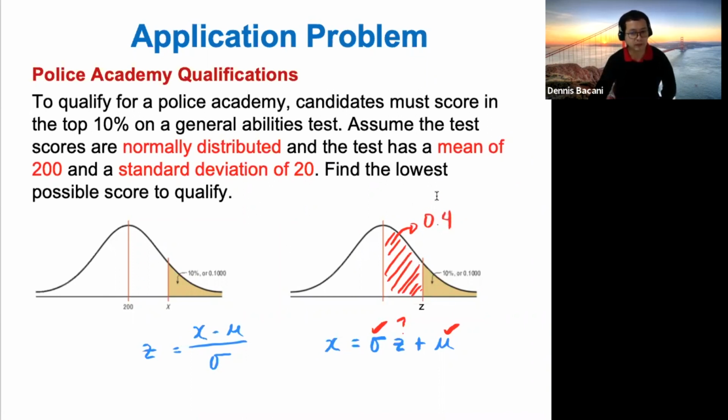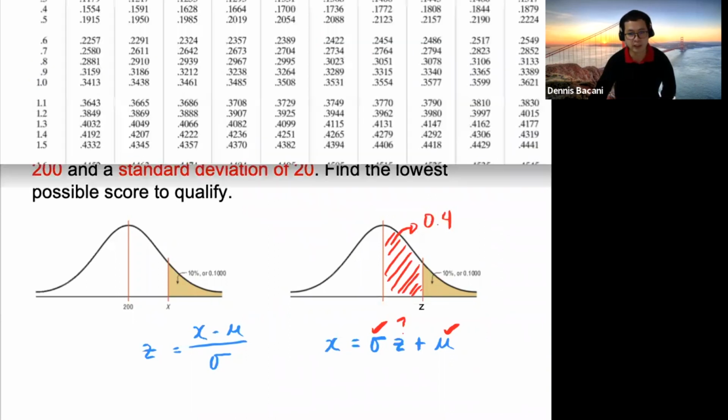So if we look at our table, we need to find the z value that will give us an area of 0.4. So let's go back to our table. So where is 0.4? This is increasing, so it's not hard to find. Here you have 0.4015 and then 0.3997, which is closer to 0.4 in this case. Is it this one or this one?